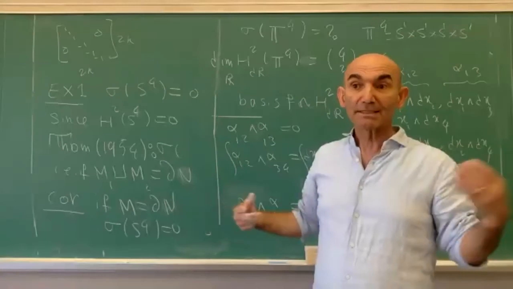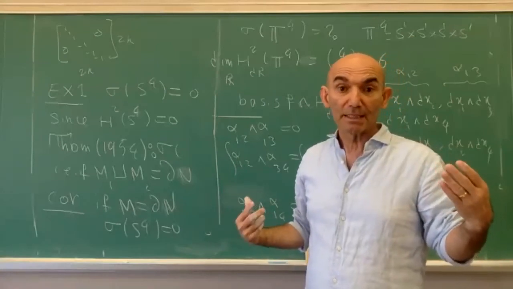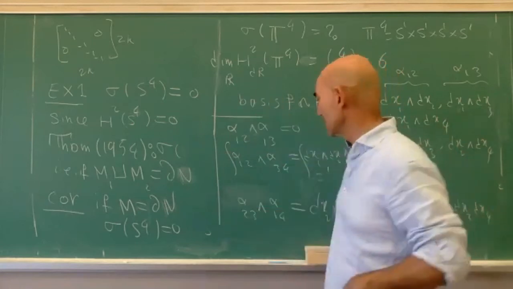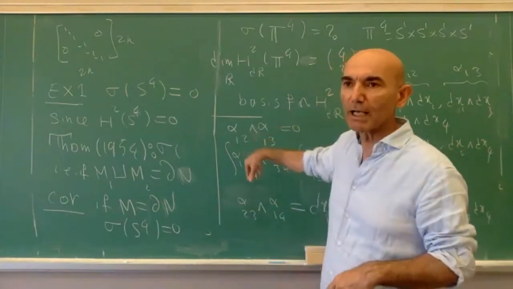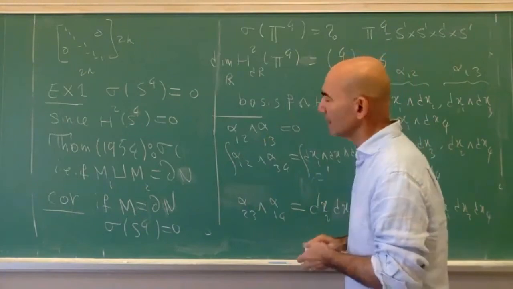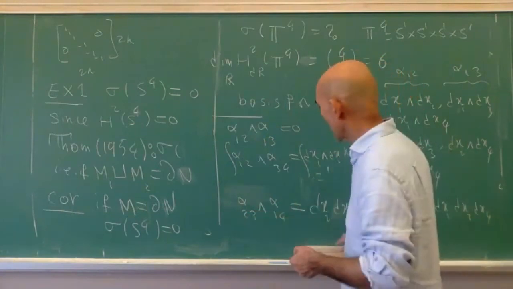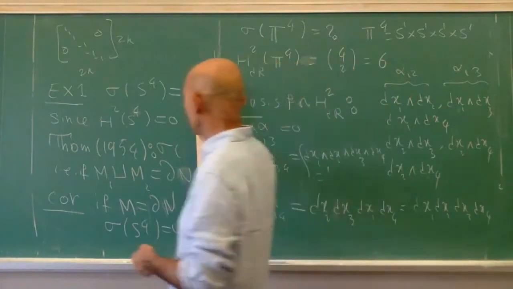So that's not the basis that diagonalizes your form. You have to choose another basis. It's a little fun to do that. So if you do that, you're going to get 0.